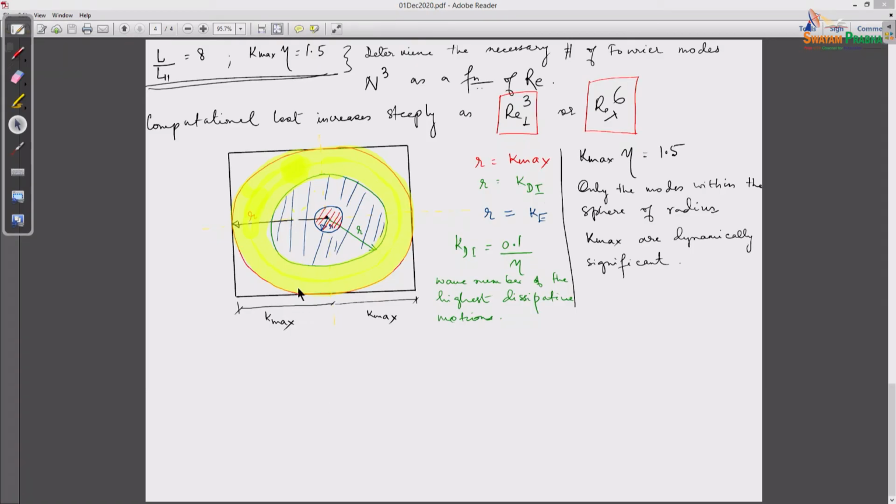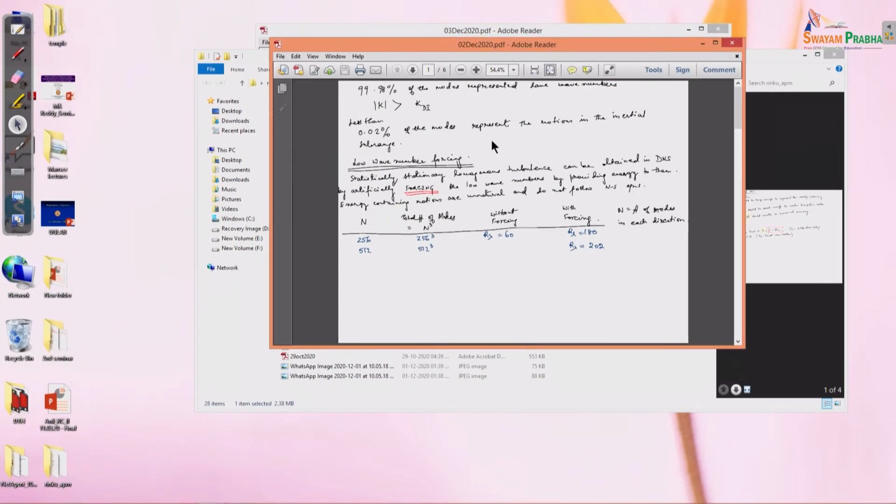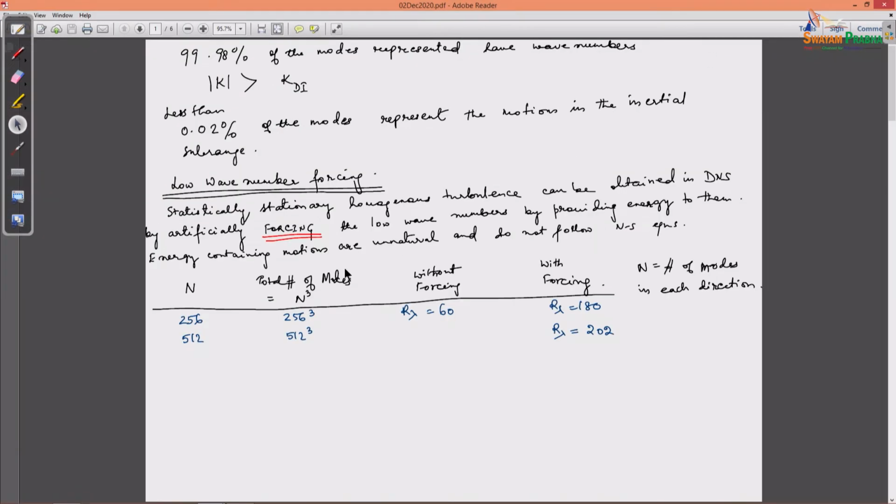That was the starting point when we said only these modes can be resolved, or only the energy containing modes can be resolved, and so on and so forth. So, that's where we came upon these things, right. Low wave number forcing, I am not going to go into the details of that, but just point out that less than 0.02% of the modes represent the motions in the inertial subrange.